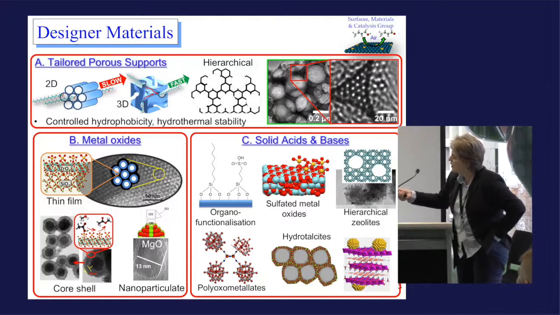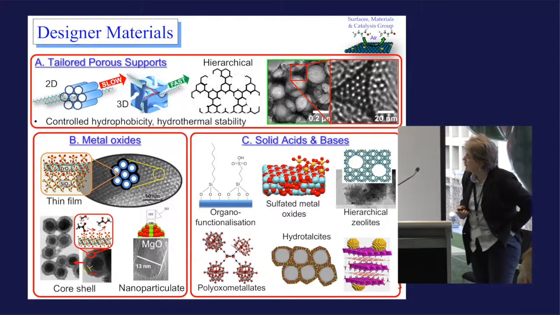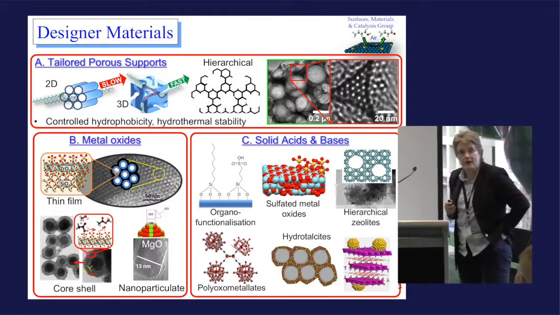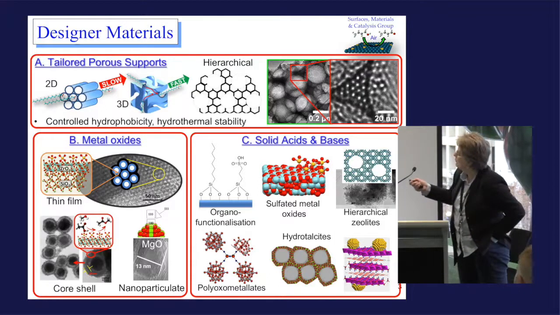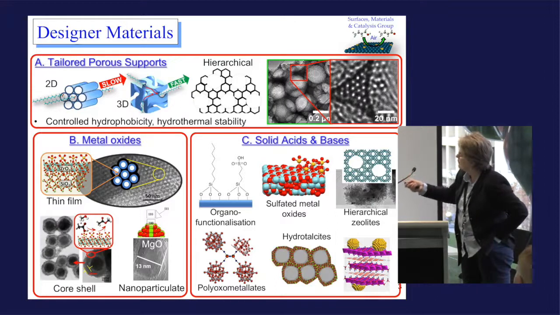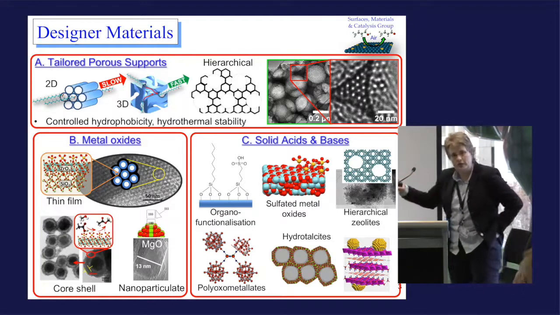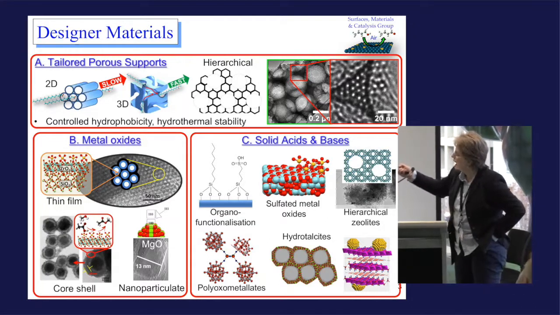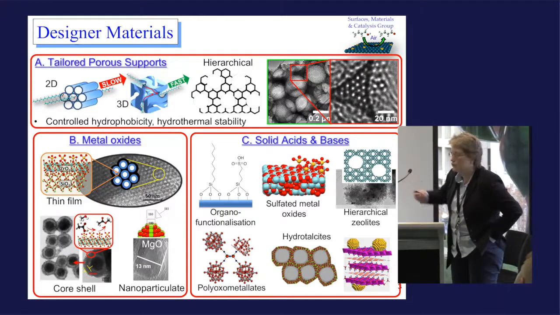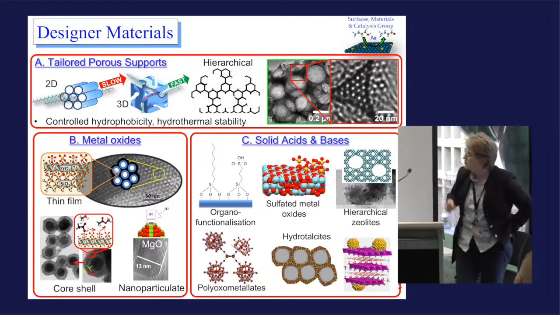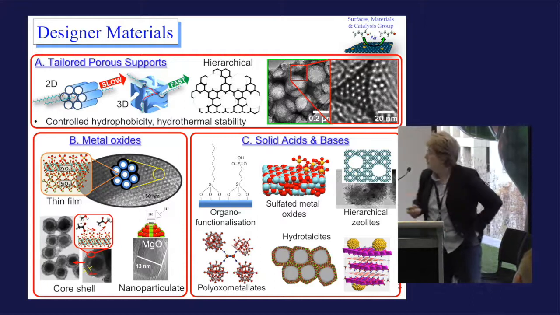And we've also worked a lot on nanoparticulate metal oxides, mainly in the space of acid and base catalysis. But here we've also spanned a range of other materials, looking at, for example, organically functionalized silicas, which can replace sulfuric acid. You can make the amine analogues of these, but also co-functionalizing them with other organic groups to change the hydrophobicity and polarity.